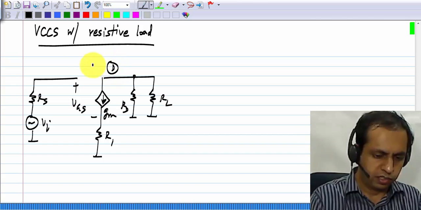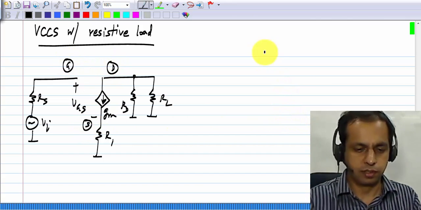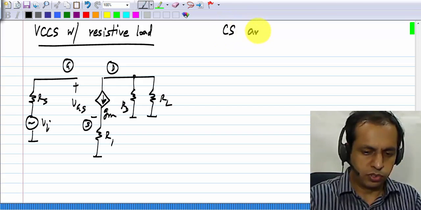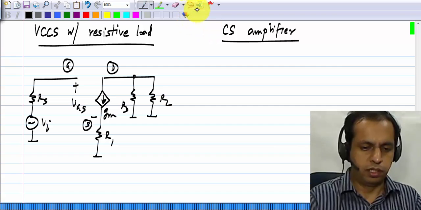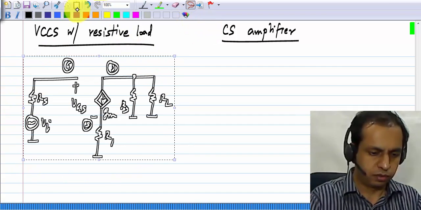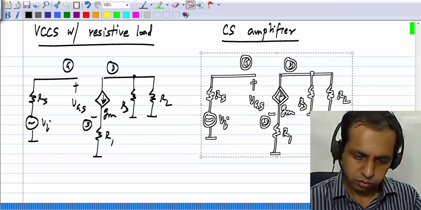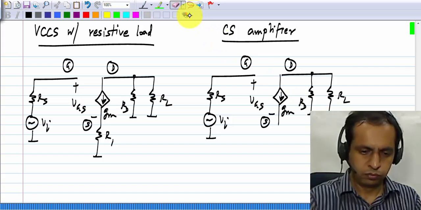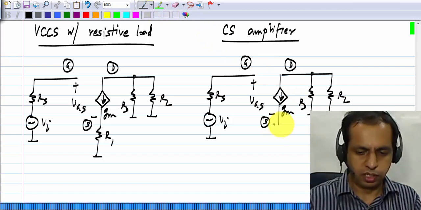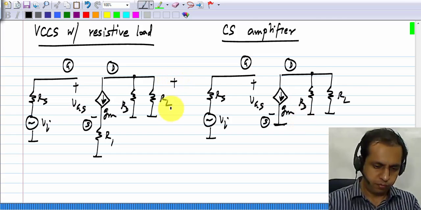These are the drain, gate and source terminals of the MOS transistor. And the common source amplifier is very similar, of course, except that the resistance is not there and the source is connected to ground.